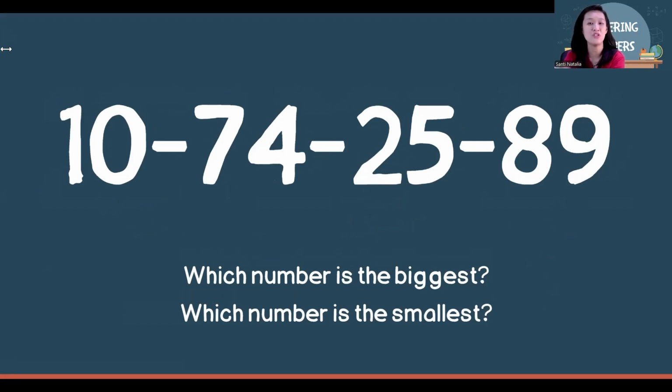They have 2 digits, so let's check the tens place. 1, 7, 2, 8. Since 8 is the biggest, so 89 is the biggest. And which number is the smallest? 2 is the smallest, so 25 is the smallest. That's good.